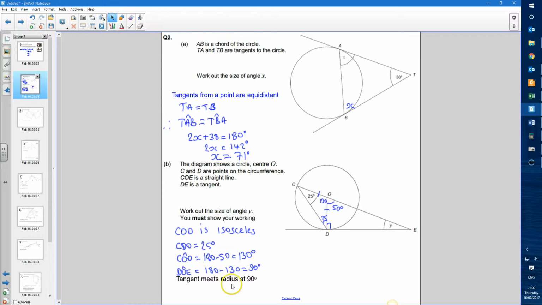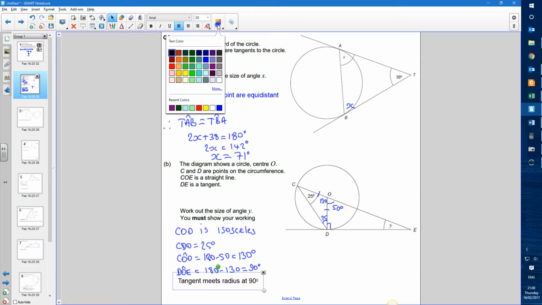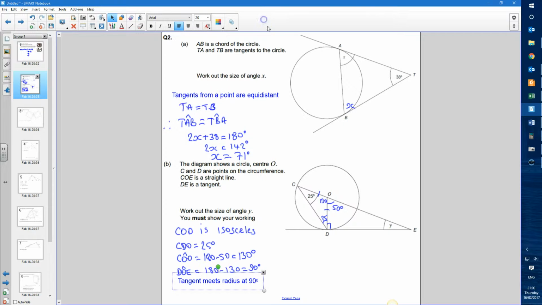So the tangent meets the radius at 90 degrees, and therefore ODE is equal to 90 degrees.